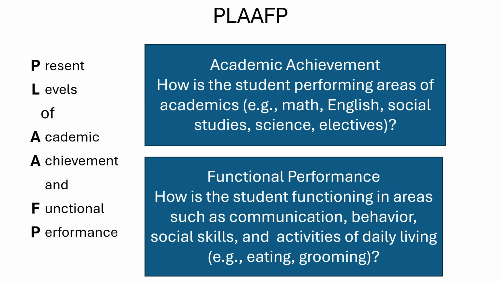It should be updated to reflect where that student is, especially if they have any academic and or functional performance goals. This way, the committee has the most updated information and data on that student to make the best informed decision. And you as parent or guardian are part of that decision-making process, so you need to know where they are currently functioning for both academics and functional performance.